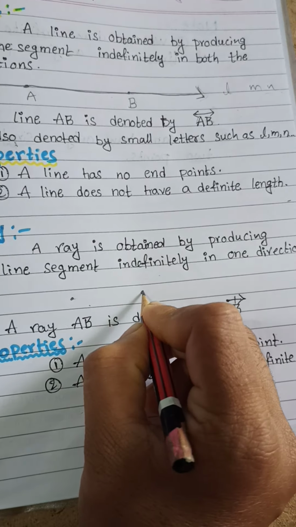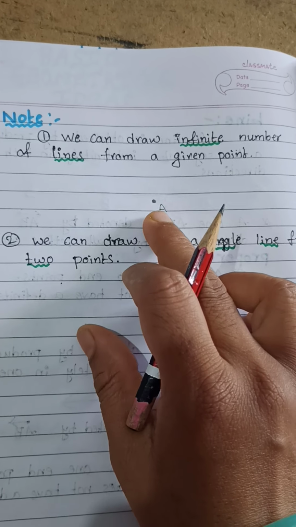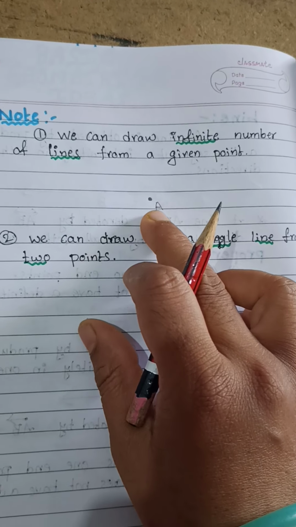See here, I am taking one point A. Through this point, how many lines can we draw? Let us see how many lines we can draw through a given point.